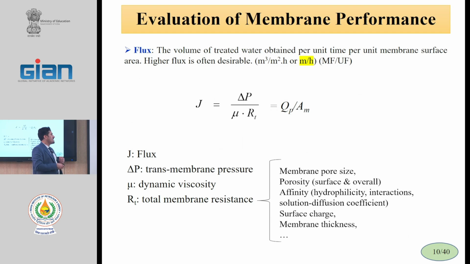Affinity: in some mechanisms, in solution diffusion, in ion exchange membranes, we have functional groups that can interact, can attach, can have affinity to molecules or ions and let these molecules pass and diffuse through the membrane body. This hydrophilicity, this interaction is important. High affinity, high hydrophilicity can cause high flux.